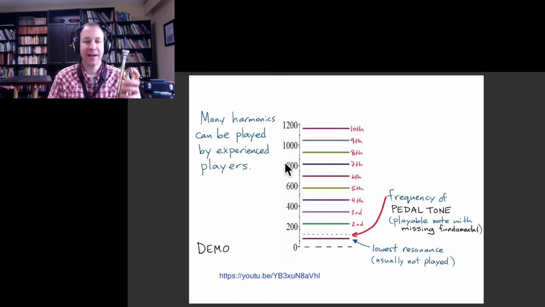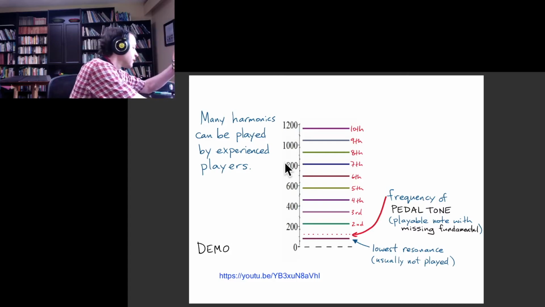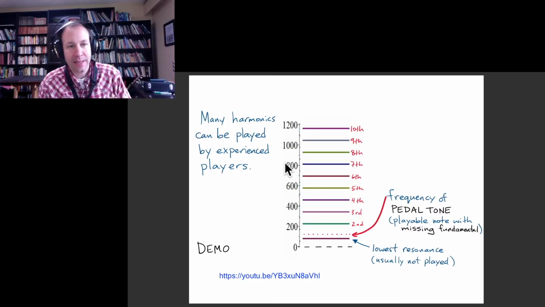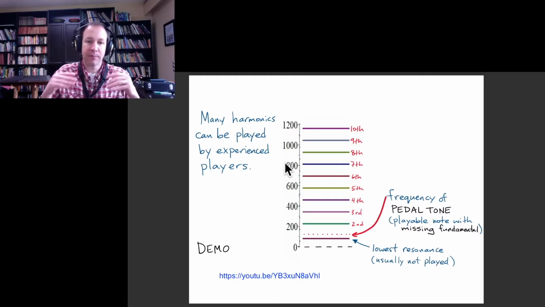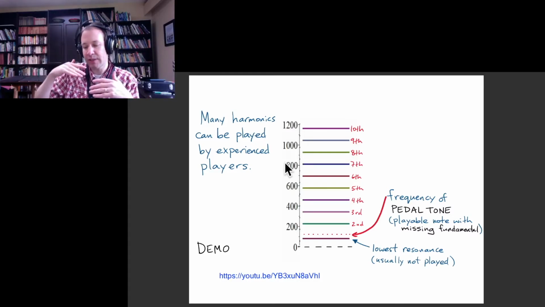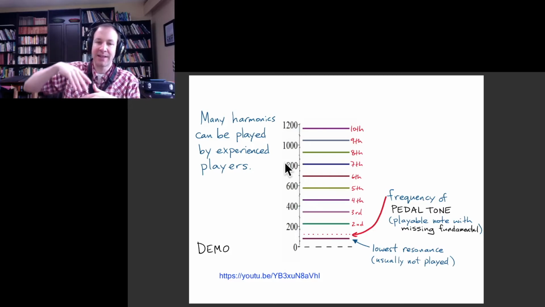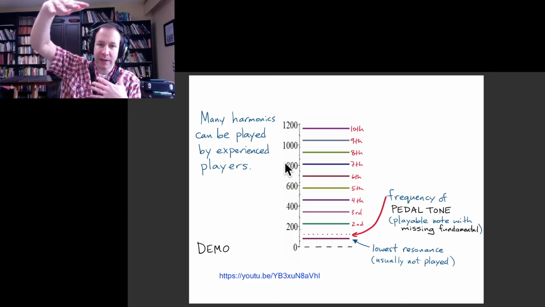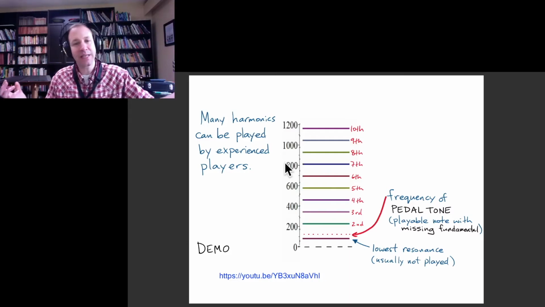Because you have so much control over the oscillations, you can play many harmonics. Whereas with the clarinet, you pretty much are just using the fundamental and the first overtone that you can play, which is the third harmonic, those get you all of the notes because there's so many holes, so many possible lengths of the tube.